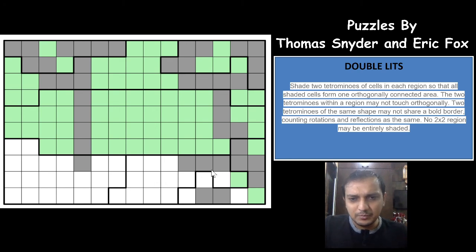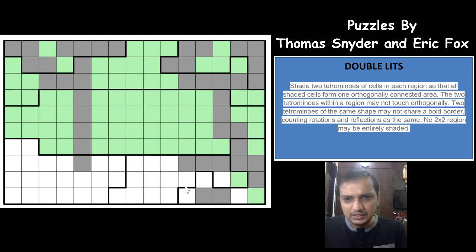So what I mean is, this tetromino has to connect to this tetromino so that this tetromino gets connected using the second tetromino of this region and goes to connect to this group, right? So for example, if I don't connect this tetromino to this tetromino, just imagine or assume that. What happens here? Now how would you connect this whole group of shaded cells?